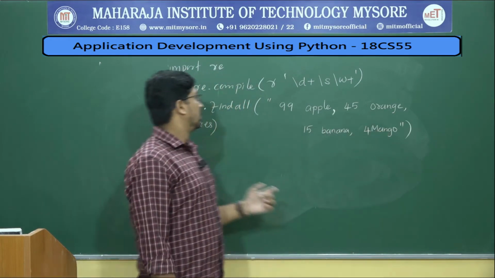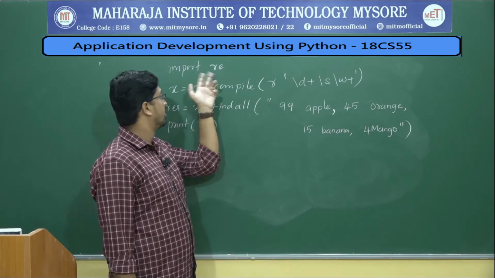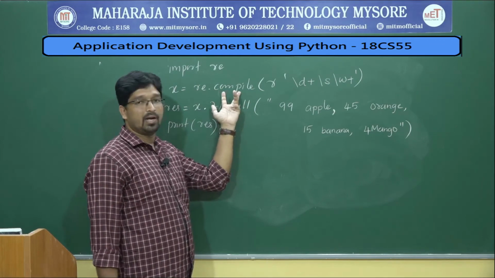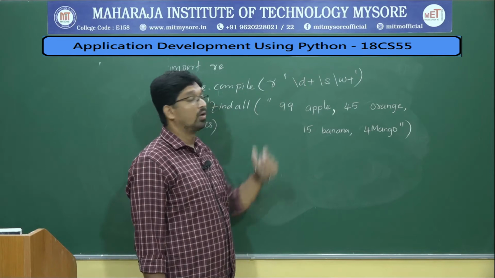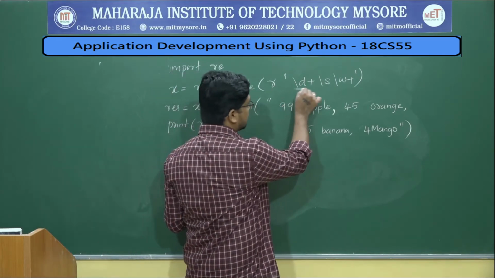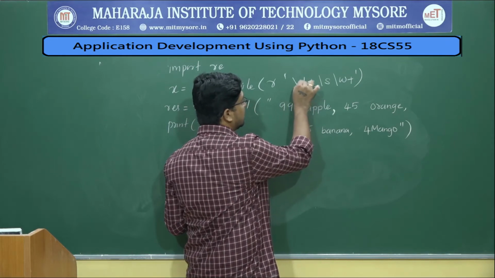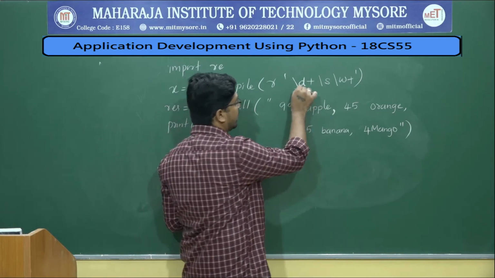For that I am importing the regular expression module, then re.compile, then a raw string. What is the regular expression we want? We want the regular expression for digits. It will match a single digit. If you want to match one or more digits, I write the plus symbol.